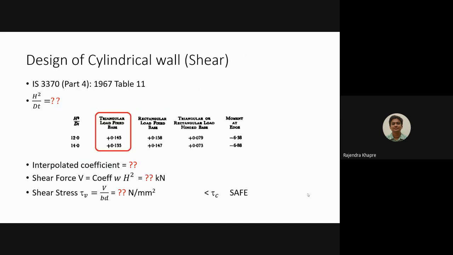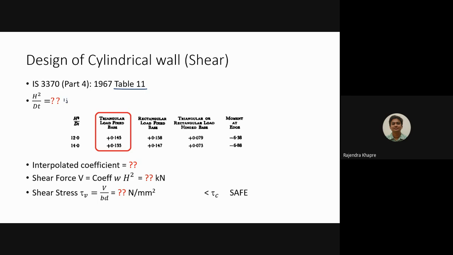Now the only part remaining is the shear. We have to see if the structure is safe for the shear caused due to the horizontal pressure. The shear force has to be calculated from table number 11 of IS 3370 part 4, 1967, which depends on the h square by dt value.